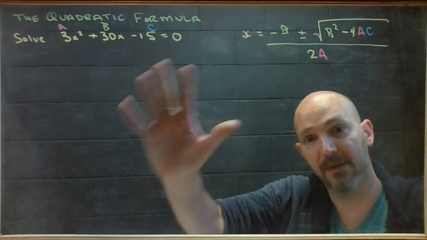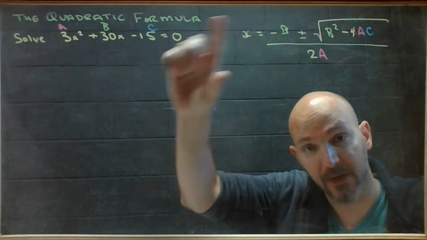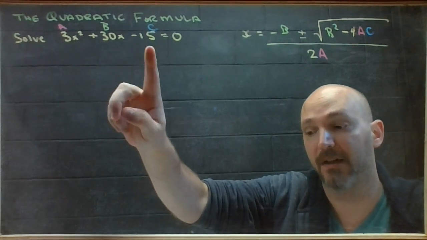So to demonstrate how easy this is now that we've built it, I have an A value, a B value, and a C value.